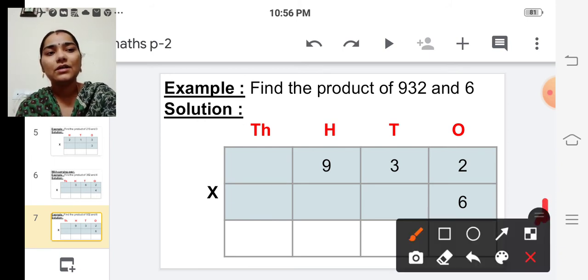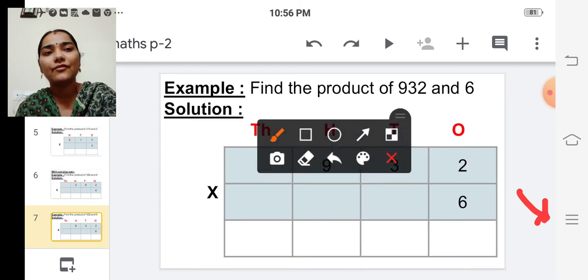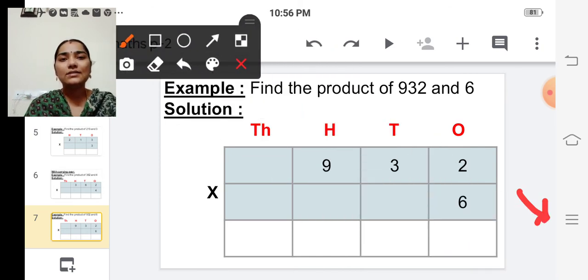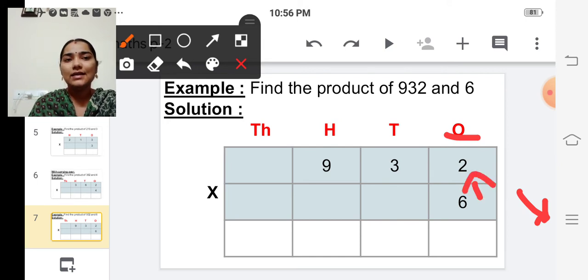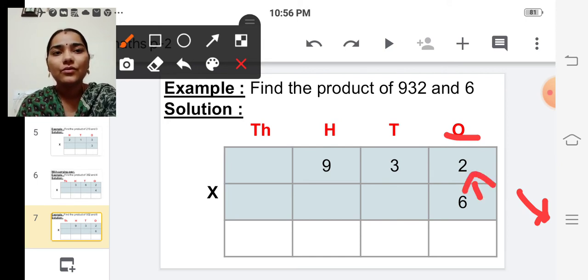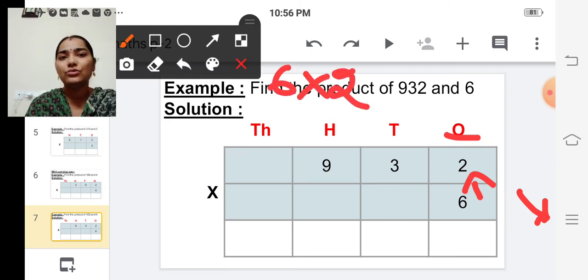Yes. First we have to start from 1's digit, isn't it? So multiply the digit in the ones place by 6. So 6 into 2.